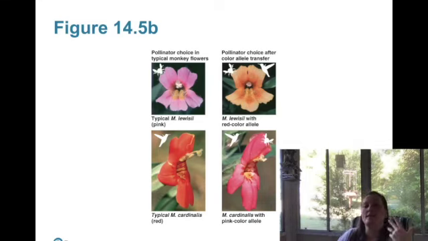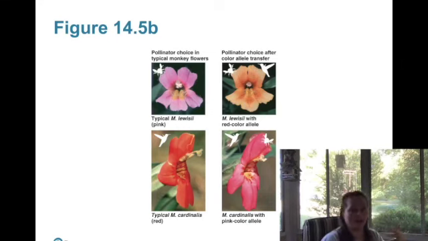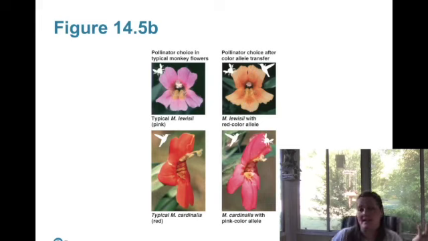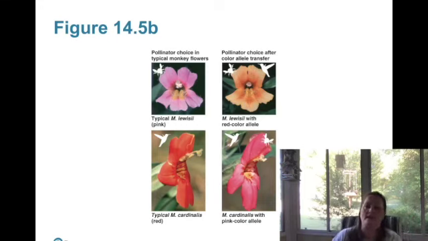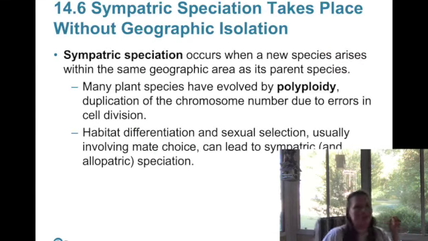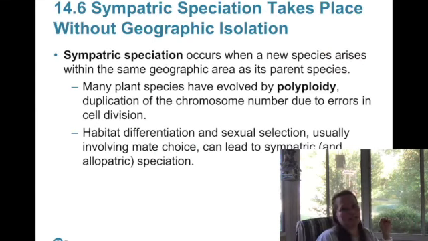So some of these flowers evolved in order to attract another one. I would hesitate to say that they started off with the bird and then they developed a scent in order to also attract the insect to spread out more, but I don't know for sure. All right, now we have sympatric speciation.